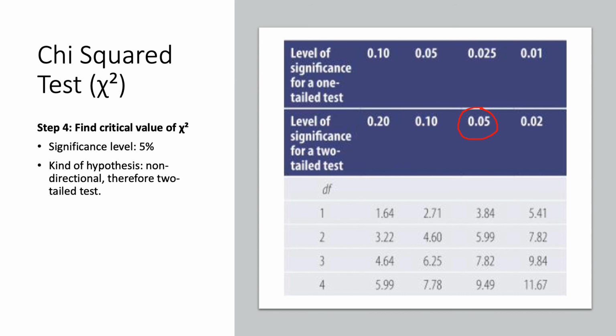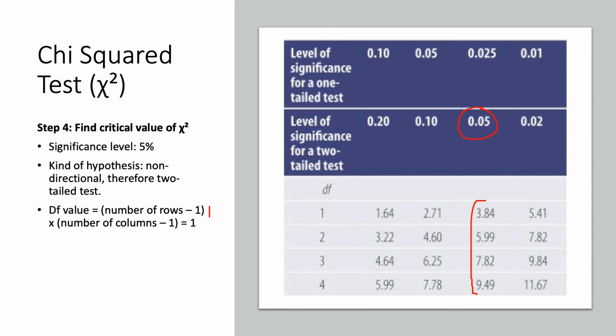So we're looking at this section here. The degrees of freedom value is the number of rows minus 1, which was 1, because the number of rows was 2, because we had justice and care. So minus 1 from that gives us 1.